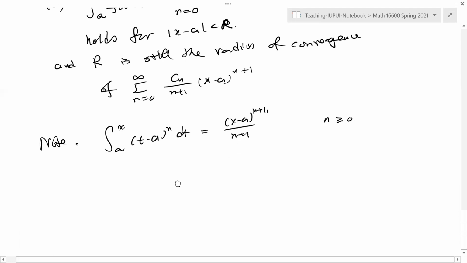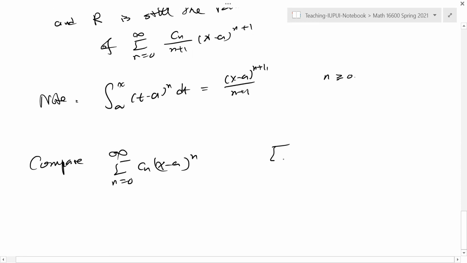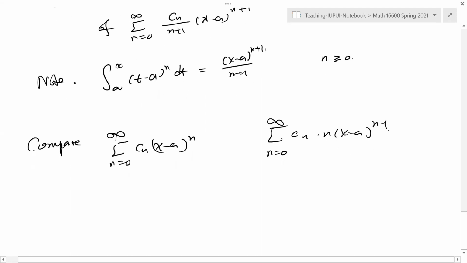We compare those two series, right? Let's look at this. Why do they have the same radius of convergence? Maybe the interval of convergence has different endpoints, but why does this have the same radius?